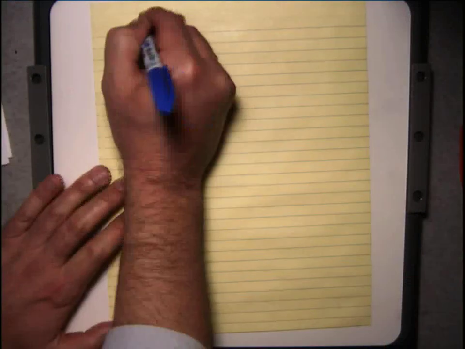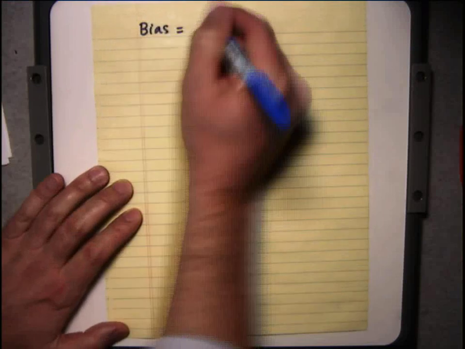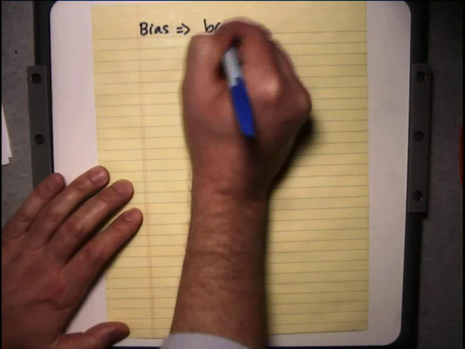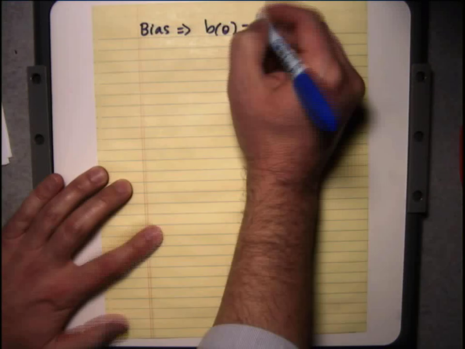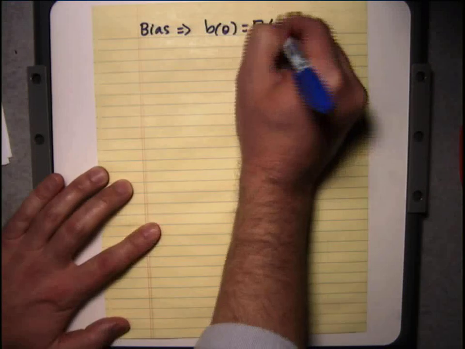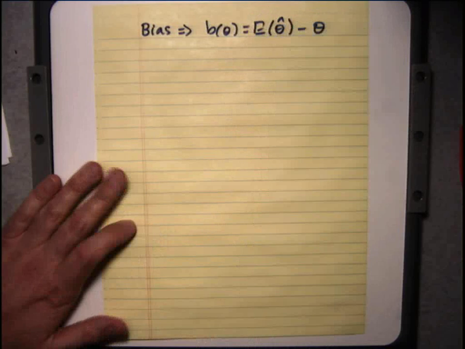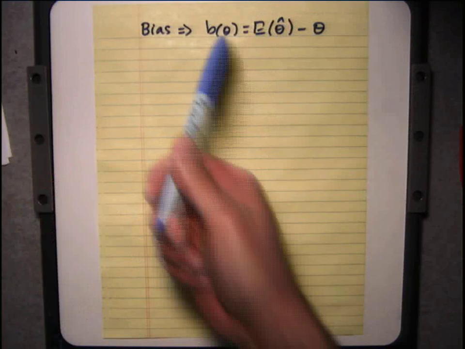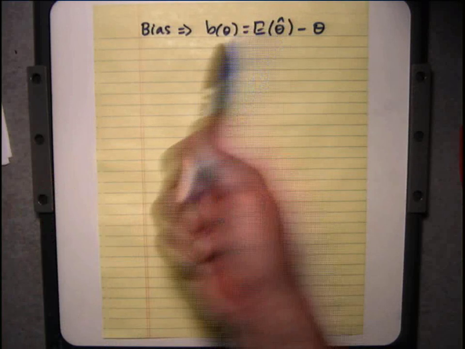So the bias B of theta is the expected value of theta hat minus theta. Okay? So what you want is this to be 0, right? That would be good.